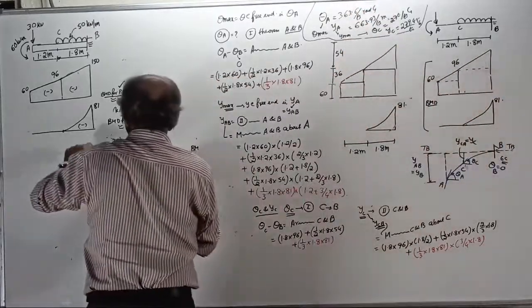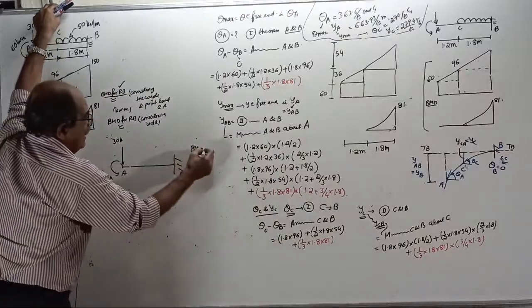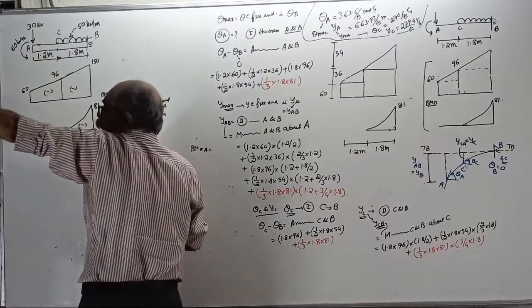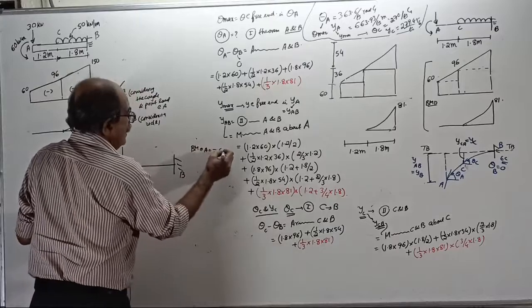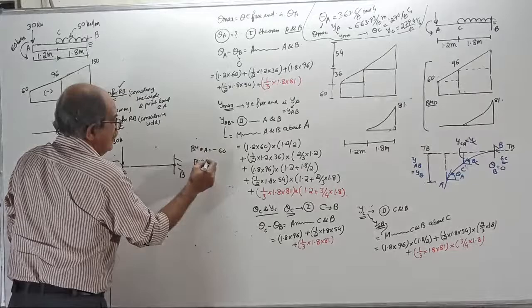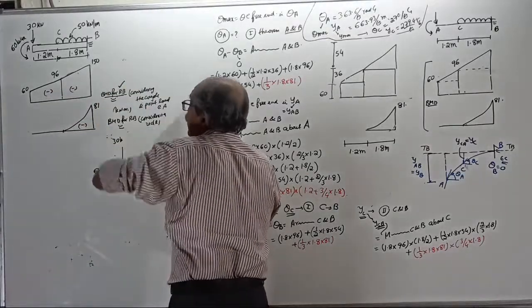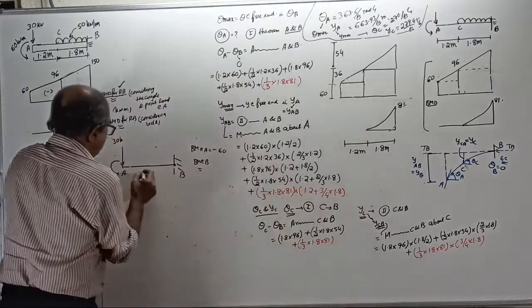Now, calculation. Bending moment at A: look at this side, no clockwise, anti-clockwise. Bending moment is minus 60. Then bending moment at B equals minus 60 minus 30 into 3. This is 3 meter.